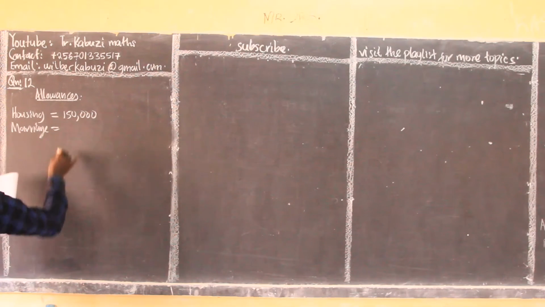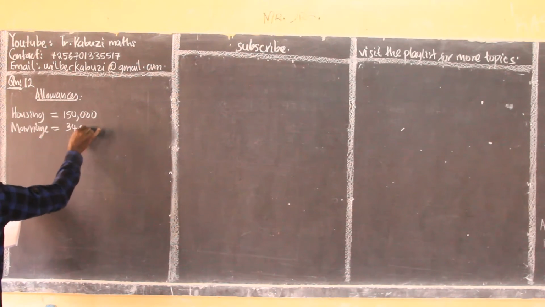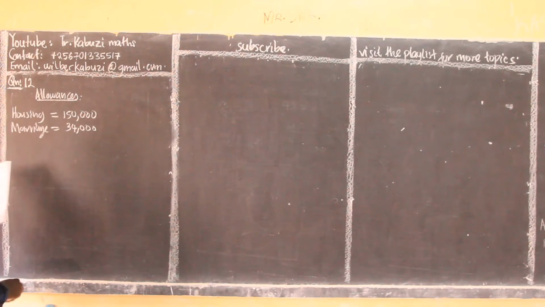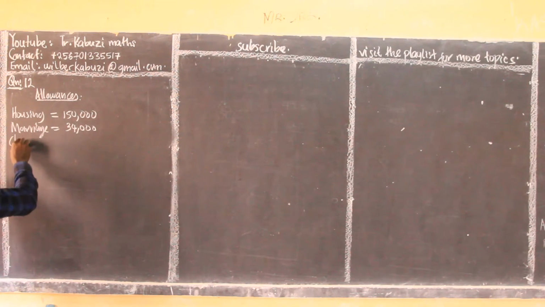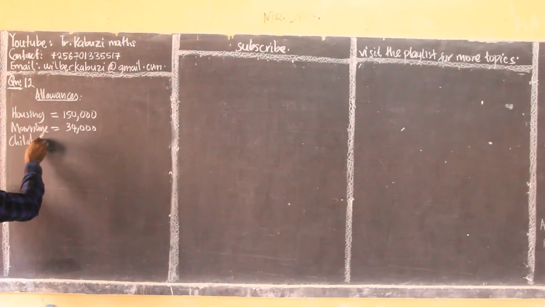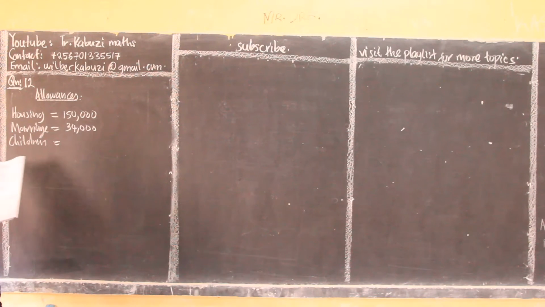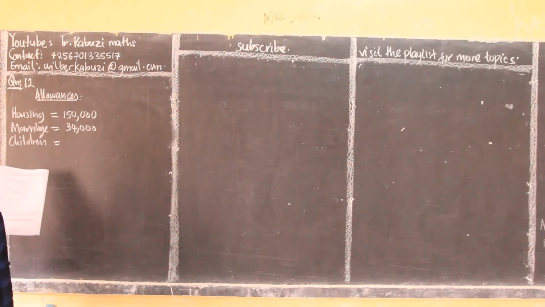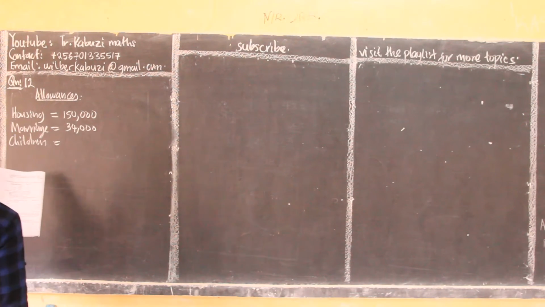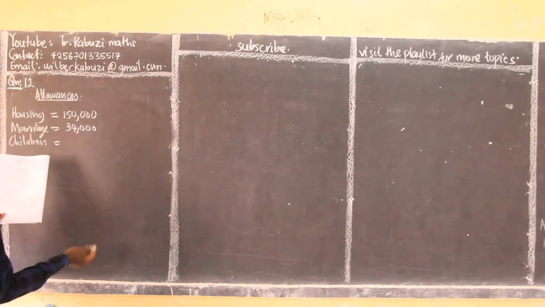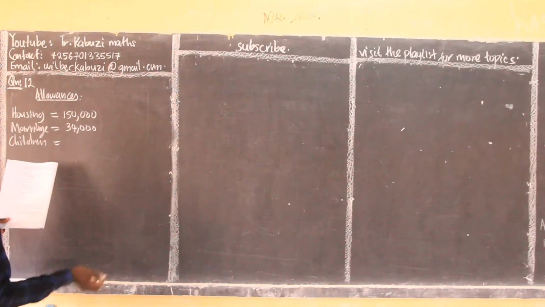This is 34,000 per month. Then we come to children allowance. Now she had 3 children, and they are giving you those rates per child depending on the age. So we take all of them because she had 3.